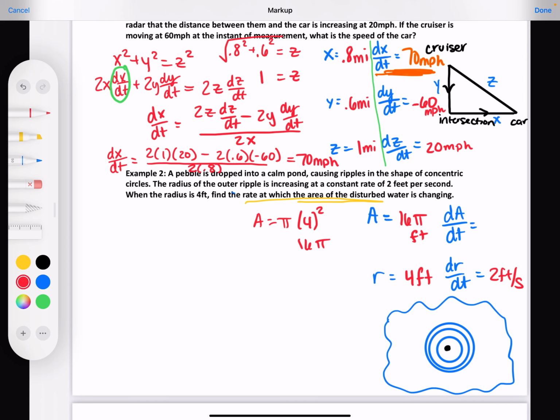So then we're going to take that area formula and take the derivative of it. So A is equal to pi r squared. What would the derivative of that be? 2 pi r, and then dr/dt. And then on the other side, dA/dt. That's the weird thing to get used to, that they're all with respect to t.